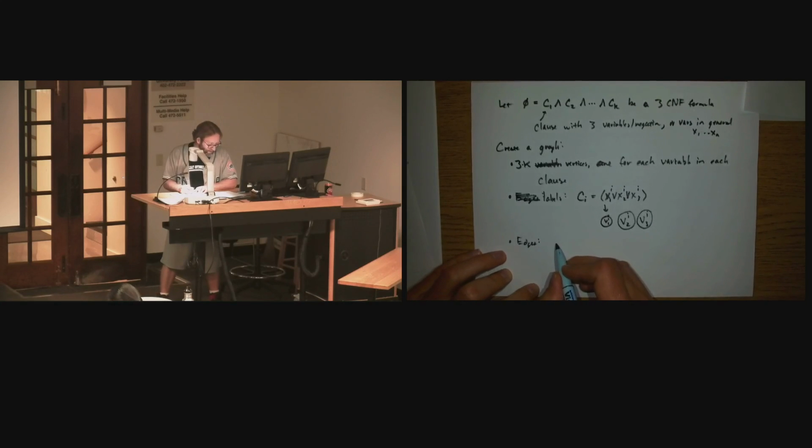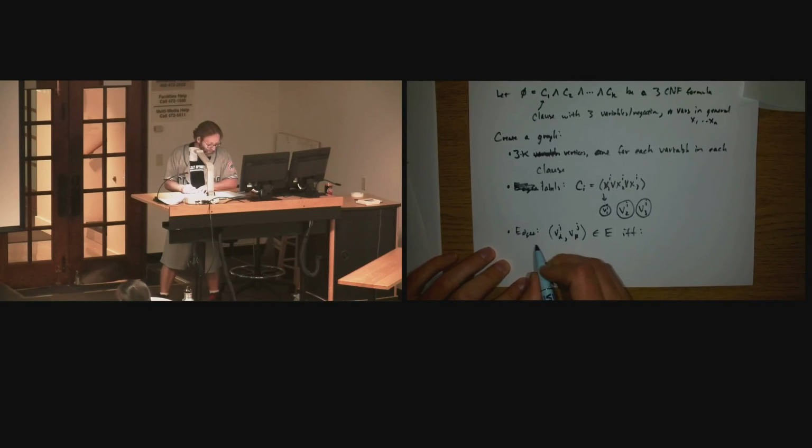And then the edges. We will connect v_alpha^i and v_beta^j with an edge if and only if both of the following conditions hold. 1, the vertices are from different clauses.